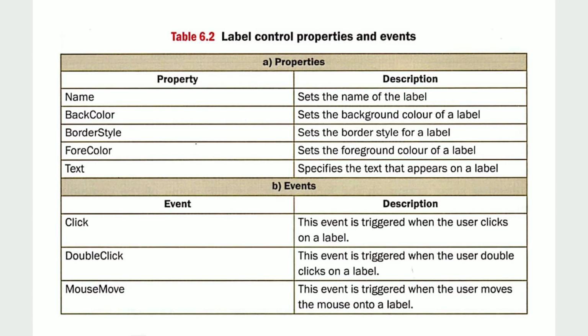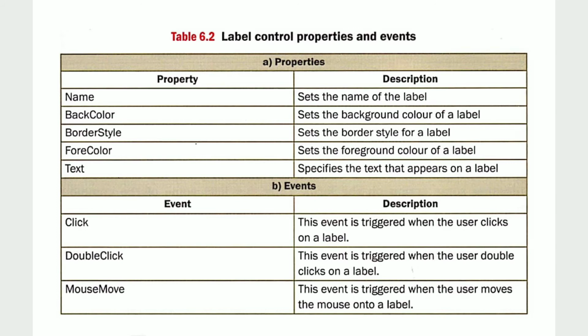Name property is used to change the name of the object or control that will be used at the time of coding to represent that particular object. But if we want to change the text that will appear on the form, for this we use the text property.